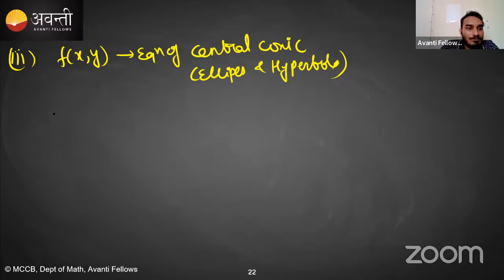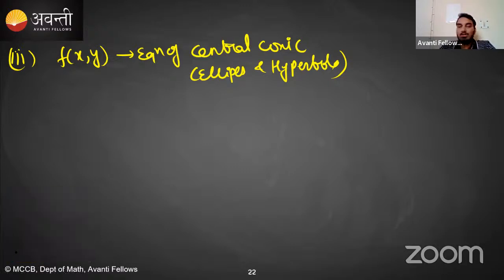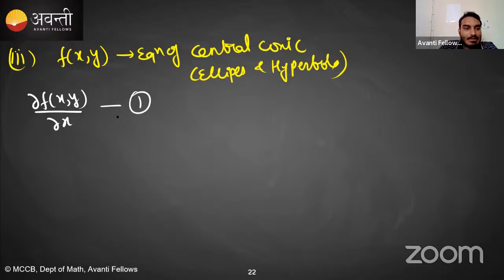To find the center, differentiate your given equation with respect to x, keeping y constant. Treat y as a constant and differentiate the entire equation. That is called partial differentiation. You will get one equation like this.